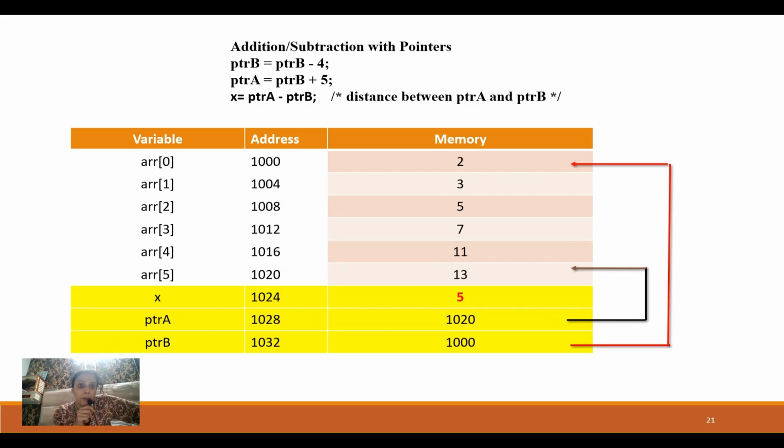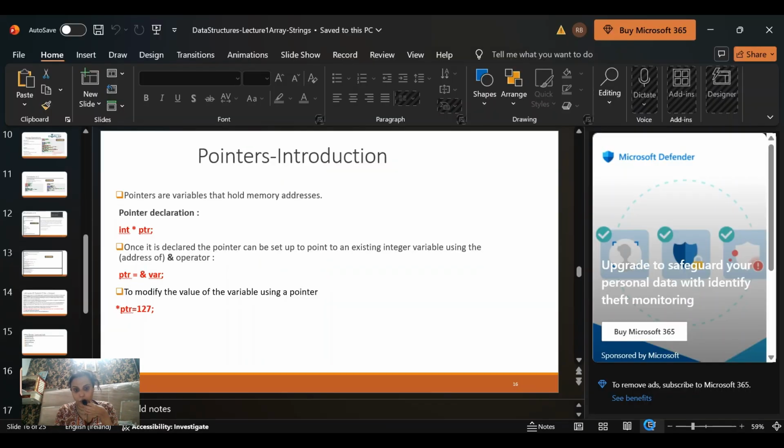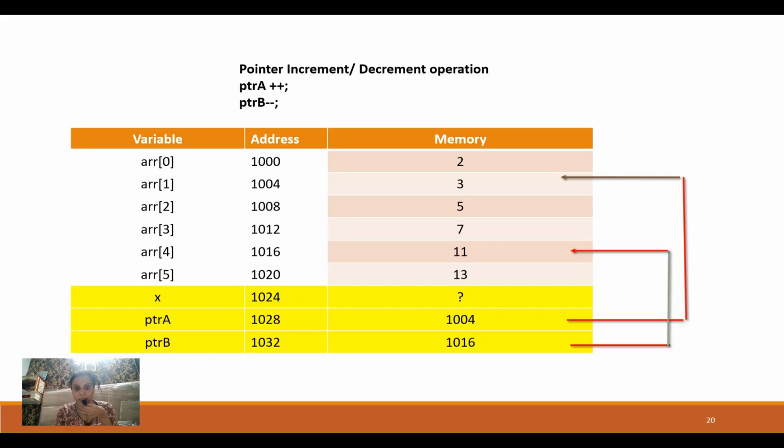If you say ptrb is equal to ptrb minus 4, what is the value that ptrb is pointing to? What was the value that ptrb was pointing to? ptrb here is pointing to 11, right?